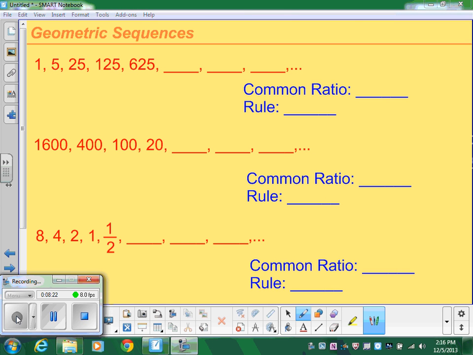In this first example, as we continue through our sequence, we recognize that we are continuing to multiply by 5.